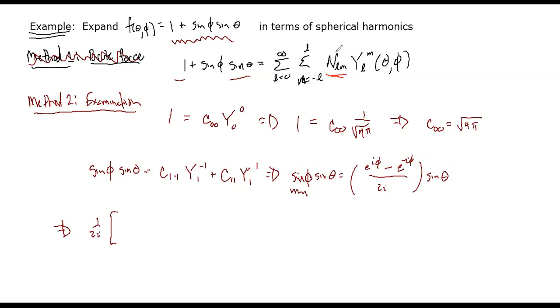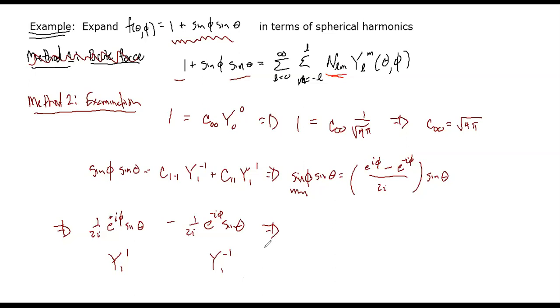Yeah, let's put everything together. 1 over 2i e to the i phi sine theta plus 1 over 2i, and by plus I mean minus. Really having a bad sine day. Minus i phi sine theta. Okay, so this has got to be the plus term. This has got to be the y1,1 term, and this has got to be the minus term. This has got to be 1,-1.